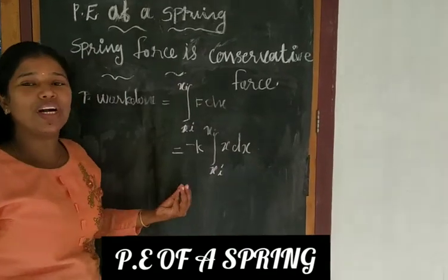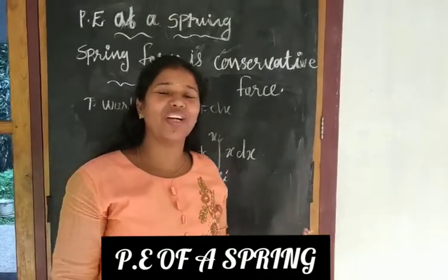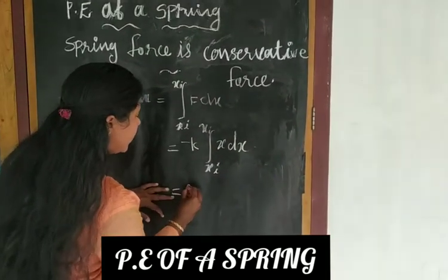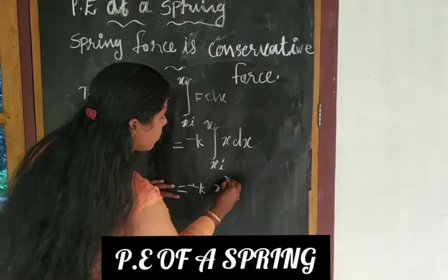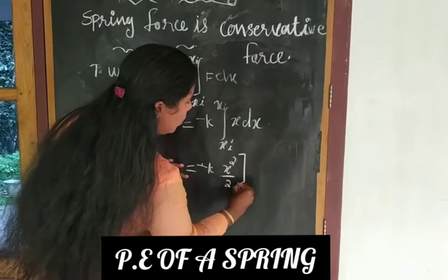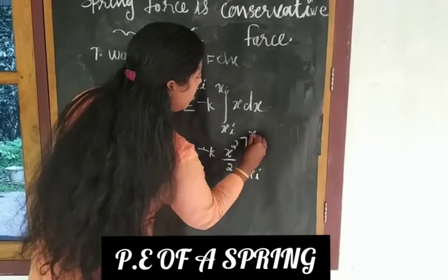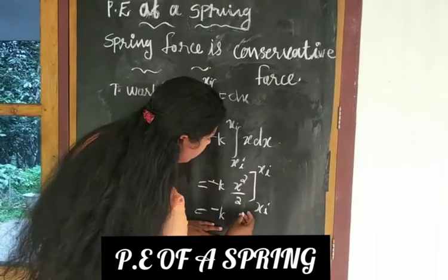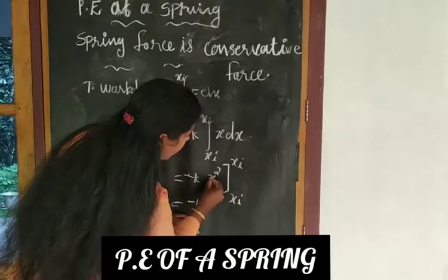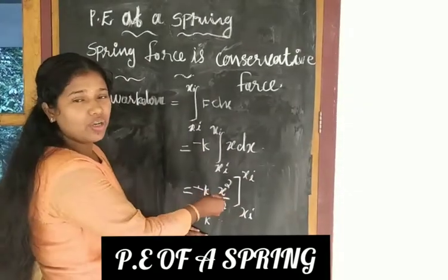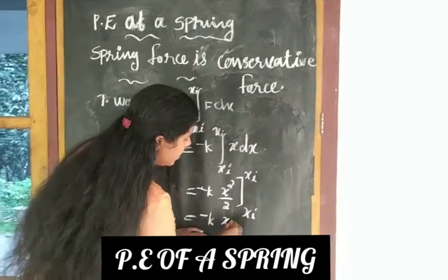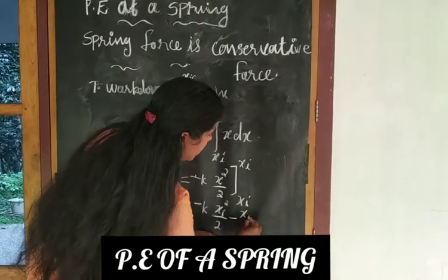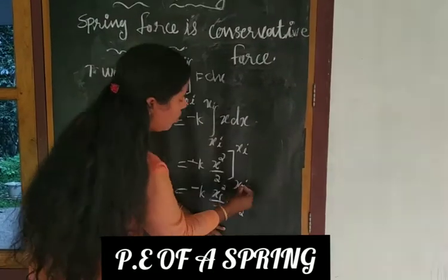What is the integration of x dx? I already told you, it is x squared divided by 2. Then minus k into x squared divided by 2, with lower limit xi and final limit xi. Substituting, we get xi squared divided by 2 minus xi squared divided by 2 for the lower limit.